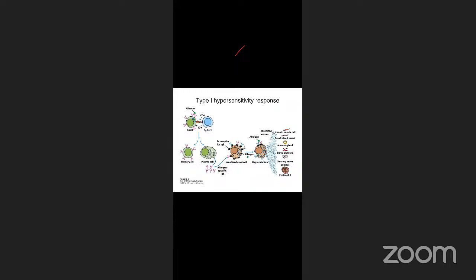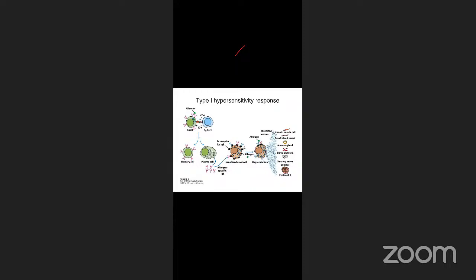And some insect products also act as antigens: bee venom, wasp venom, ant venom, cockroach calyx, and mites. The dust mites also sometimes act as an antigen. So different types of antigens are there.